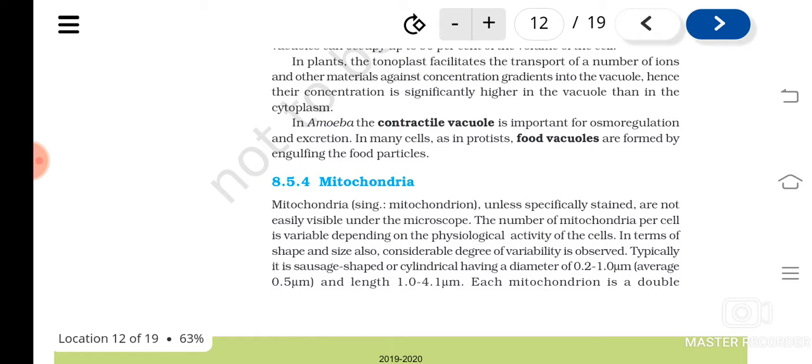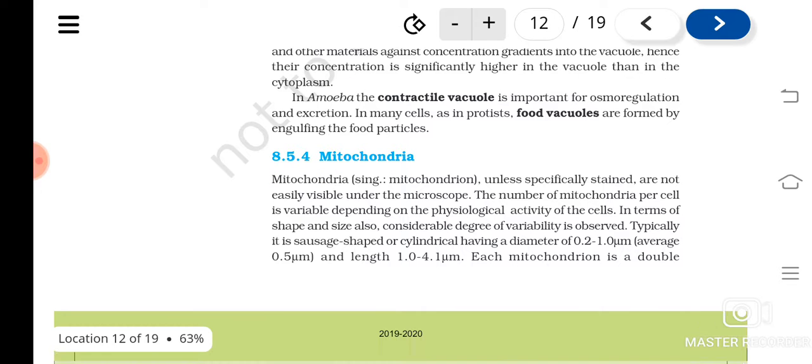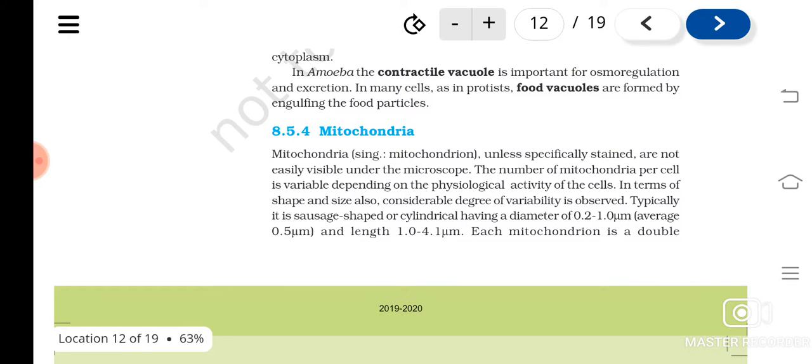For example, in sperm cells there is a cloud of mitochondria, because they have to move. Likewise, on the basis of which kind of function they do, the number of mitochondria varies.